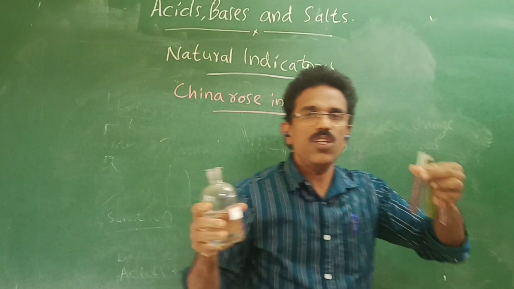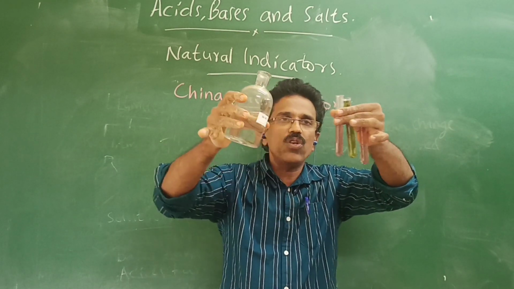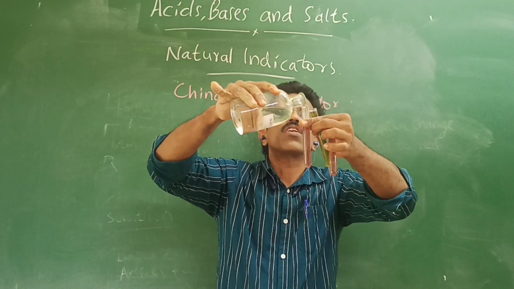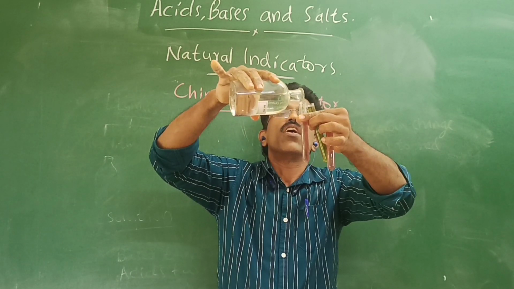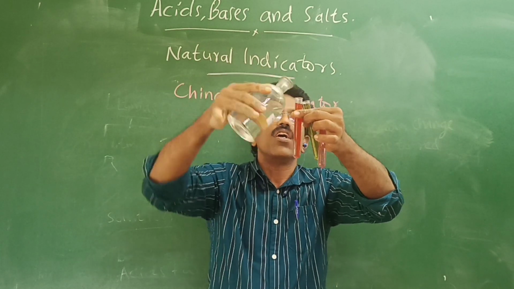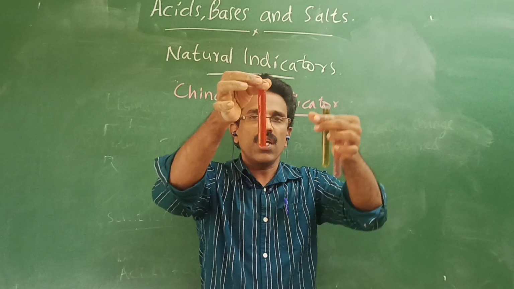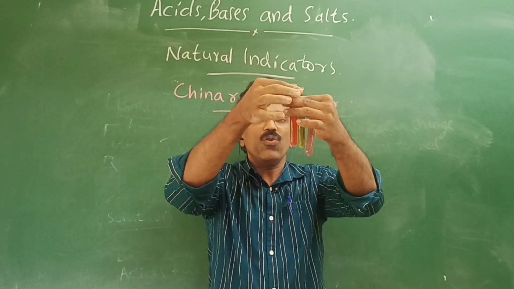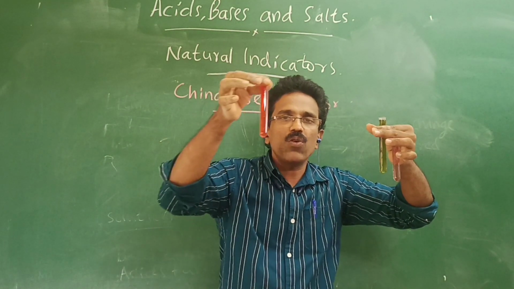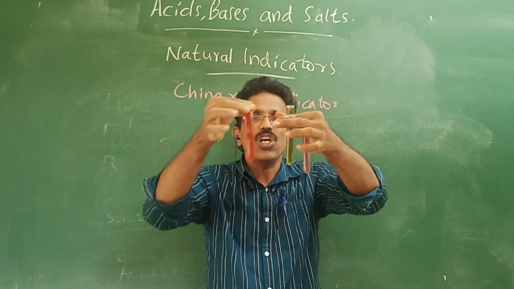Now, into the second test tube, I am going to add this dilute hydrochloric acid solution. See, it becomes red color. So, acid turns China-rose into red color and bases turn China-rose into green color.